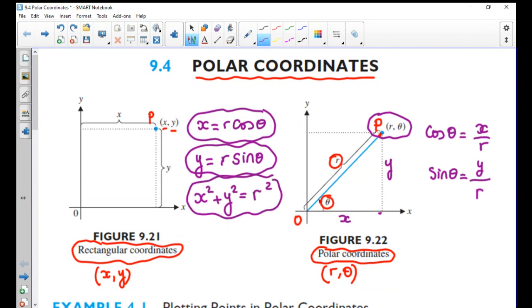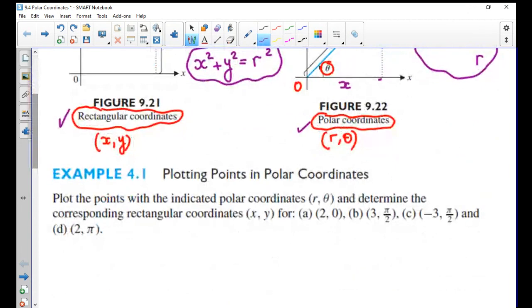So here are the rectangular coordinates, x and y. Here are the polar coordinates, r and theta. The connection between them is provided by these three rules. Okay, so that's the starting point. All of these are important identities that you need to memorize.